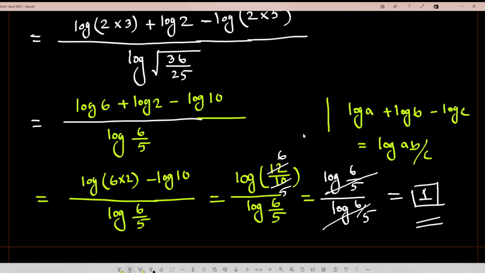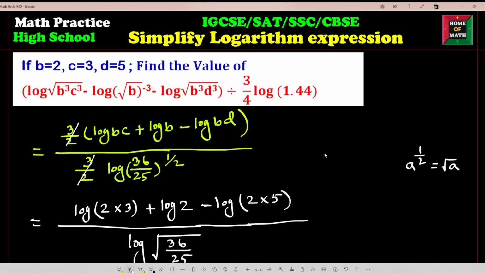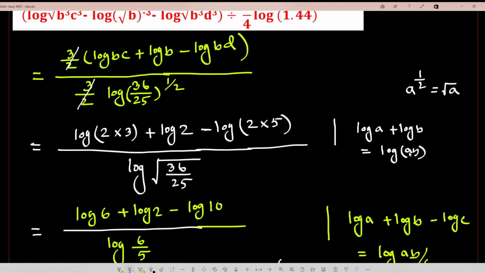It's not so easy or not so hard, but we have to keep concentration about the laws of logarithm, like log a plus log b equals log ab. Similarly, log a minus log b means log a by b, right?